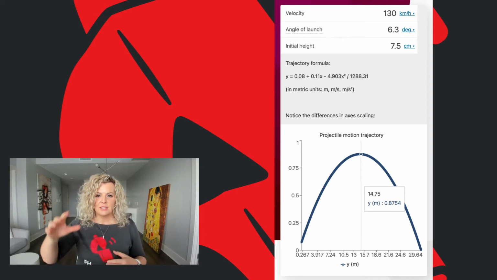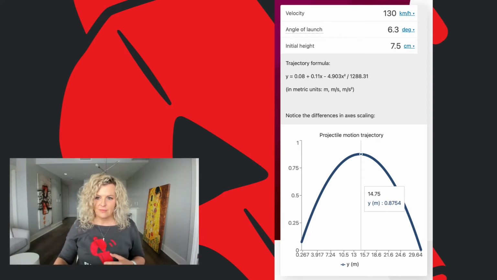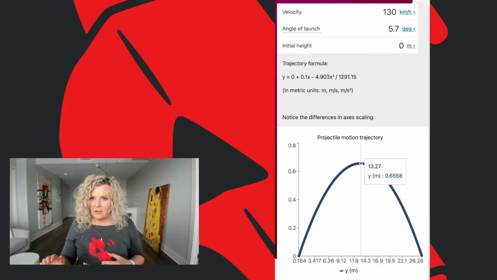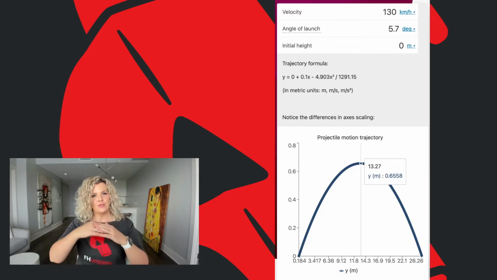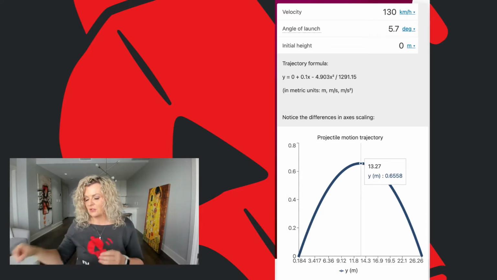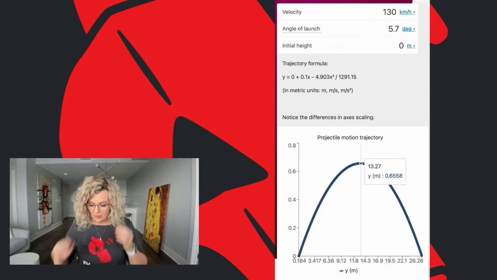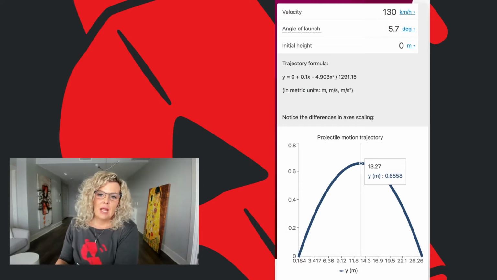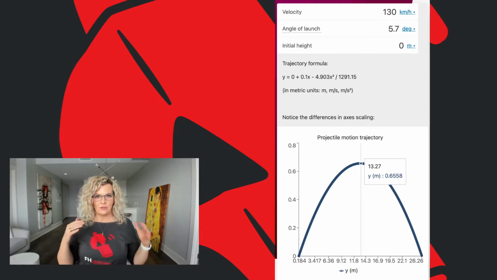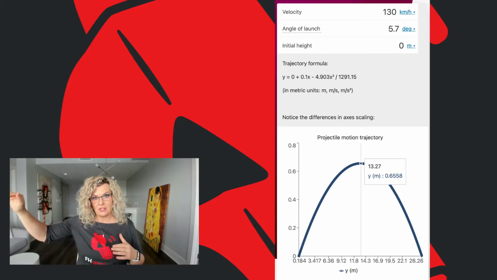And what I did is I looked at the trajectories of a couple of different degrees, and I'll show you where I got these degrees in a minute when I get my glasses on. What I wanted to first establish was, well, does the ball change trajectory at that speed?